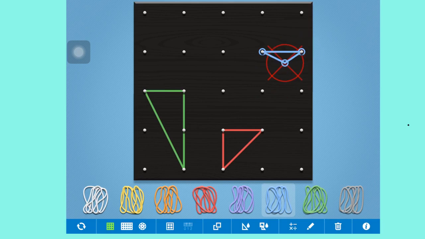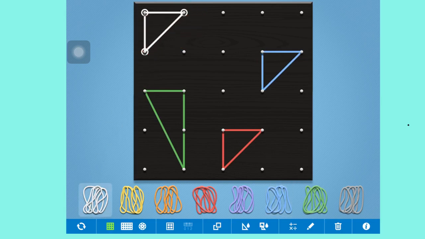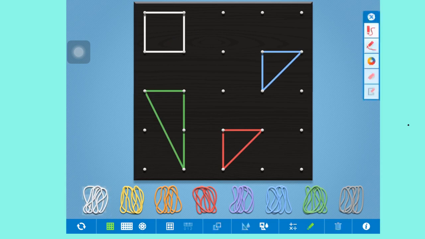They draw a small square in the corner of the angle to show that it is a right angle. What shape do mathematicians draw to show that it is a right angle? Yes, they draw a small square in the corner of the angle.